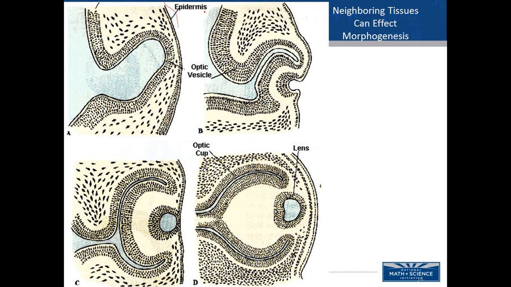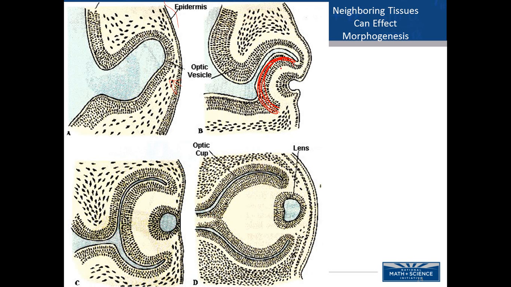And so as the brain is developing, there's this little outpocketing of tissue derived from the brain called the optic vesicle. As it gets close to this ectoderm, that ectoderm causes that outpocketing to fold inward to give rise to the optic cup, if you will.